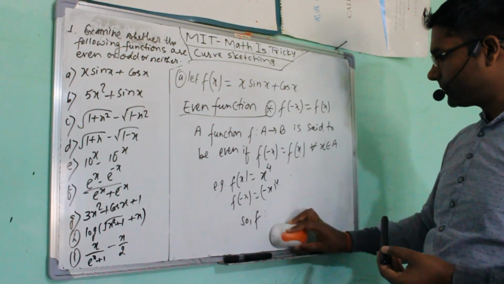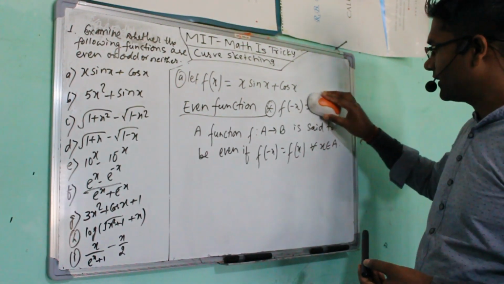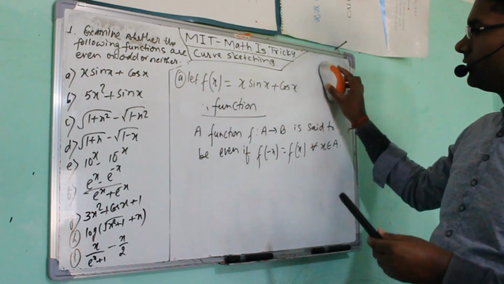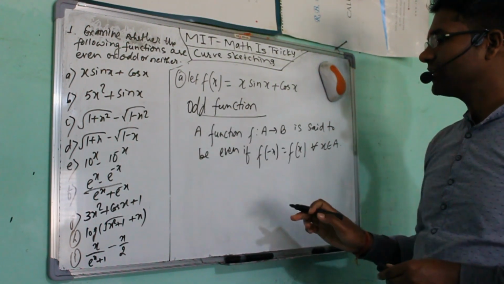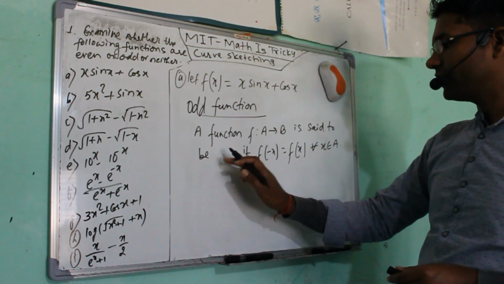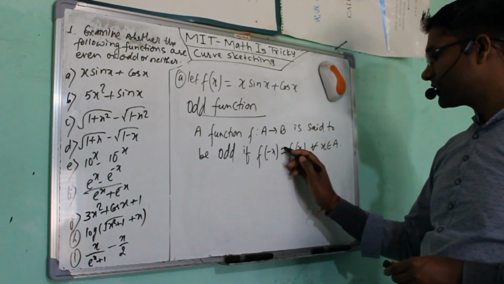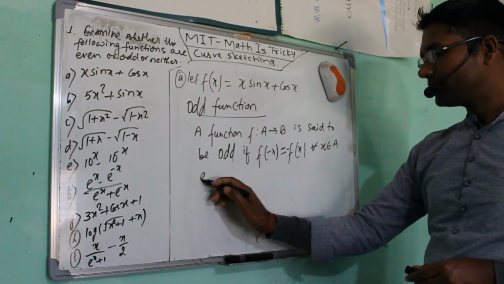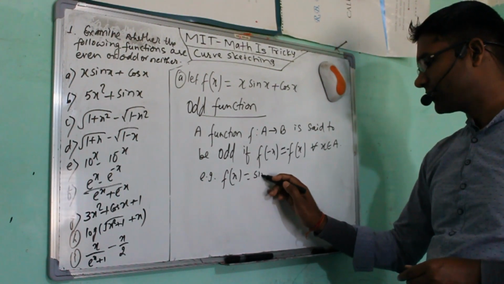Now for an odd function, what is the definition? How do you know whether the function is odd or not? A function is said to be odd if f of minus x equals minus f of x for all x belonging to A. Example: f of x equals sin x.